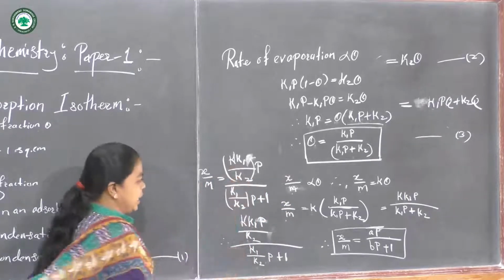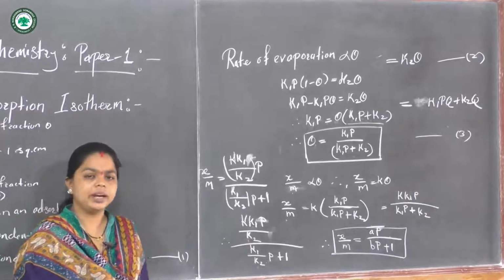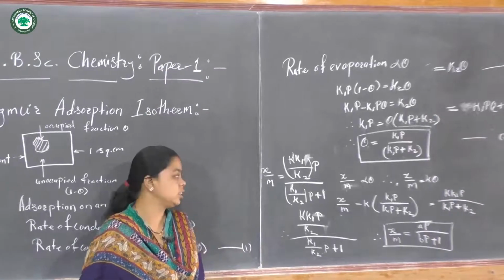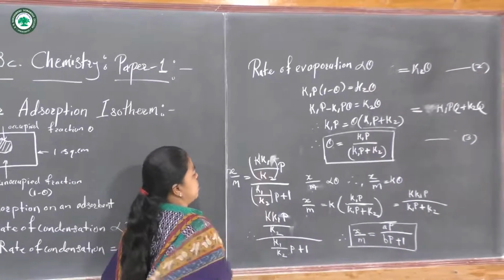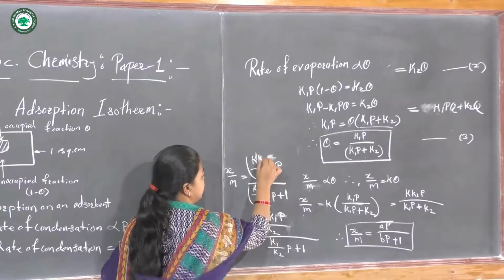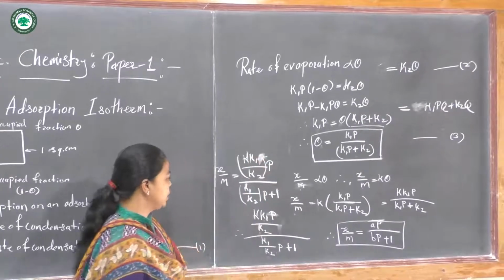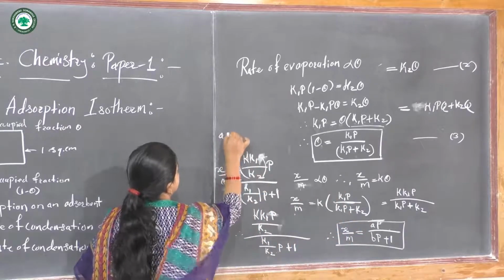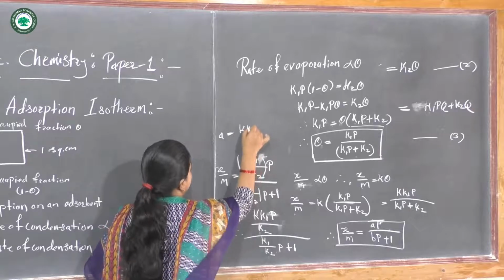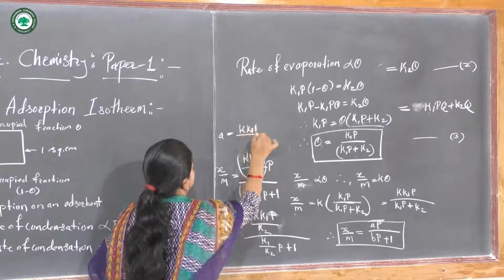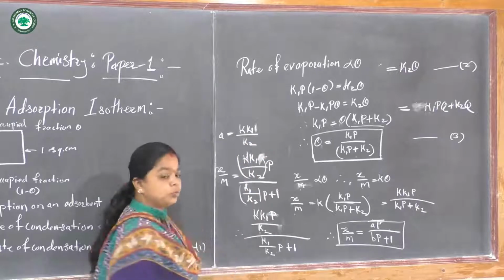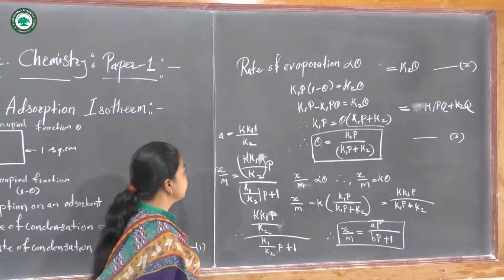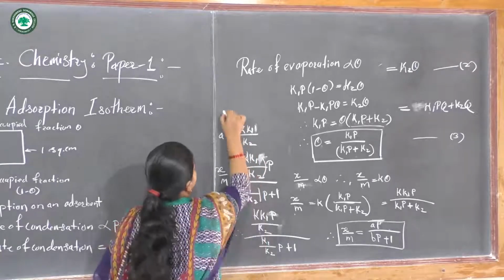So all these constants, K1, K2 and K, are the proportionality constants for equations 1, 2 and 3. We have separated all these constants and we can write a small a for K K1 divided by K2. This a is again a constant.